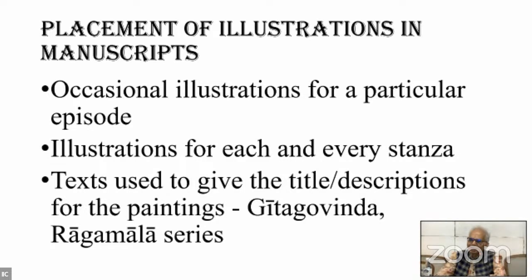Basically, they are by painters and they are paintings actually, but the text accompanies them. So the textual material is there, like Ragmala series or Geet Govinda. So the Geet Govinda Sanskrit verses are written, songs are written, and then paintings are there. So these three forms we get the illustrations with the text or manuscripts.